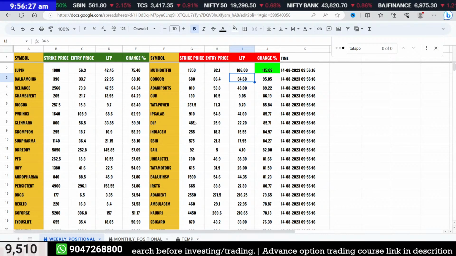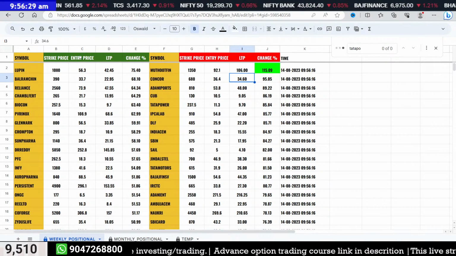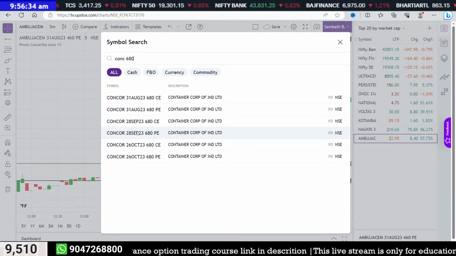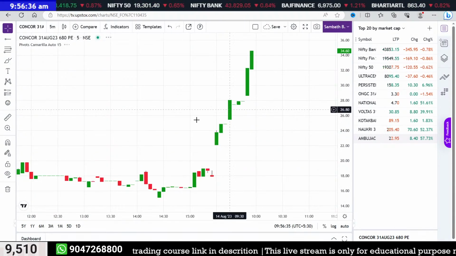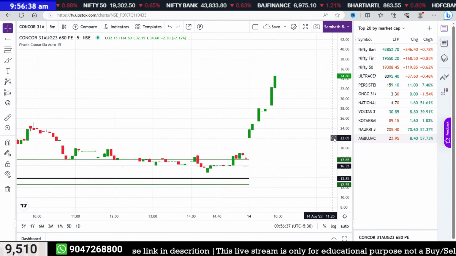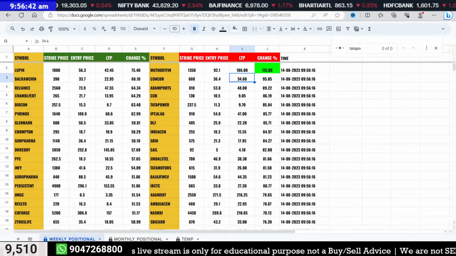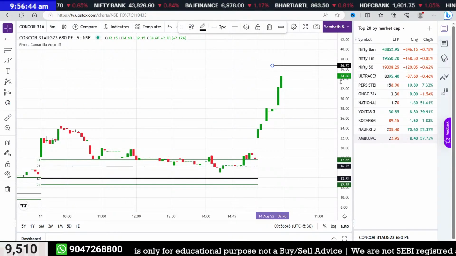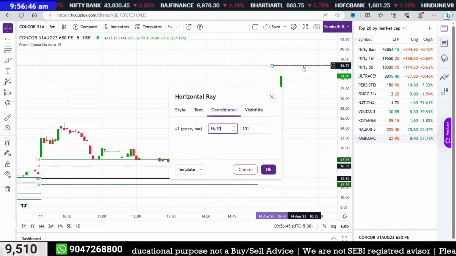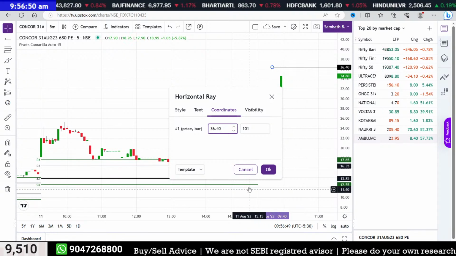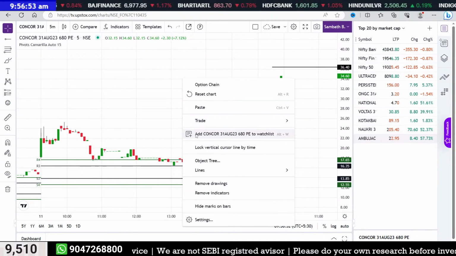Concor, 36.4 is the nearing one, the Concor 680 put option. Perfect, it's a great move and maybe it will continue, 36.4. The lot size is 1000 rupees. Let me check and we'll add it to our watch list.